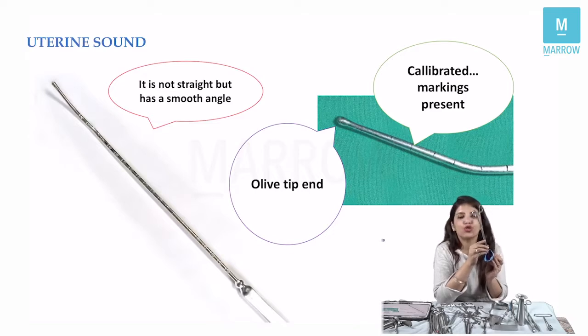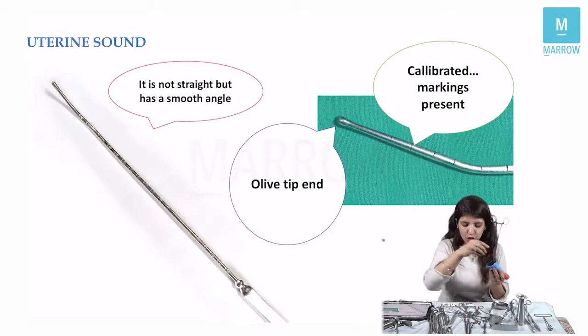Number 1, the position of the uterus, whether it is anteverted or retroverted. Number 2, the length of the uterus, the uterocervical length, so that you know how much the instrument should go inside. And for that purpose, we use a uterine sound.